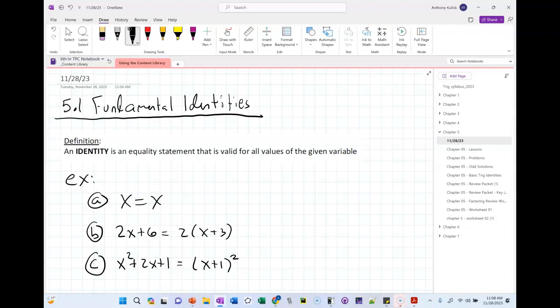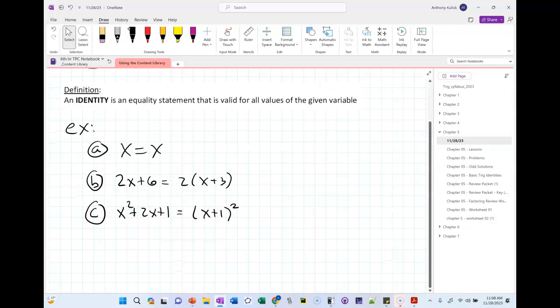Is that an identity? Yup. How do you know? You could FOIL out the right-hand side and you'll get the same as the left-hand side. Or alternatively, what else could you have done? You could factor the left-hand side and you'd end up with the same thing as the right-hand side.